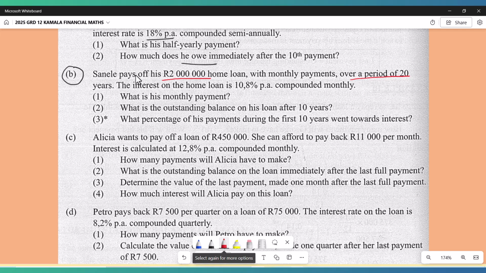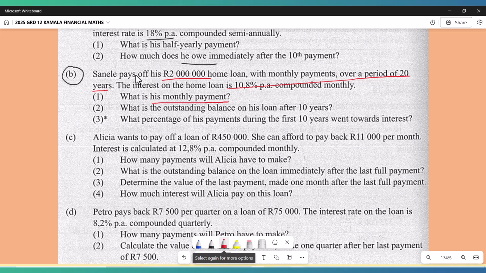The interest on the home loan is 10.8% per annum compounded monthly. What is his monthly payment?